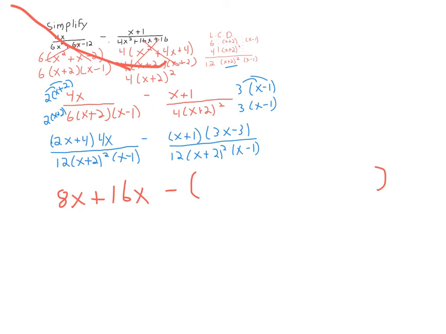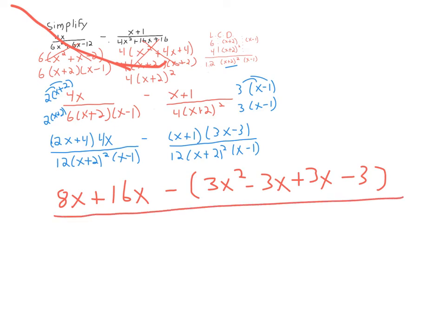This is going to be 3x squared minus 3x plus 3x minus 3. And that is all over 12 times (x plus 2) squared times (x minus 1).